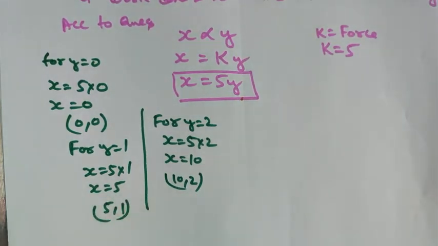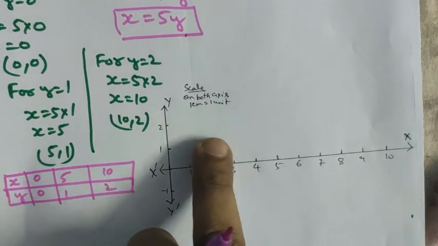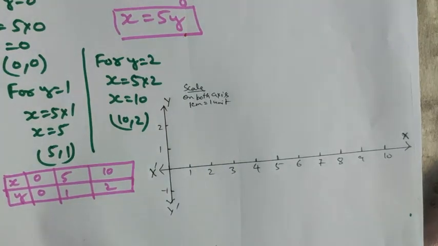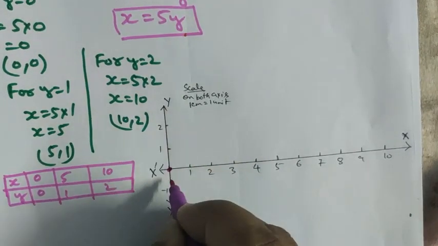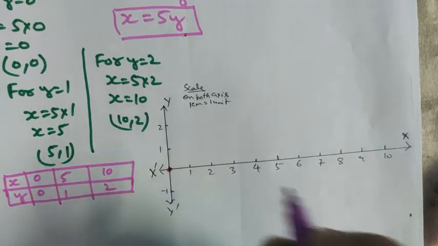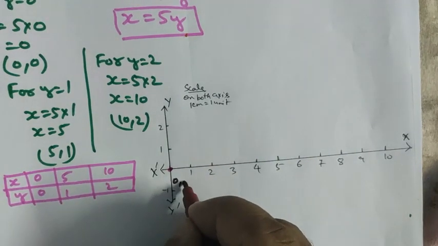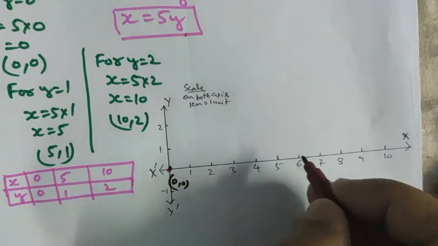Now we will be plotting the graph. We take the scale on both axes, 1 centimeter 1 unit, x dash, y dash. The first point is 0 comma 0, that is on the origin. The second point is 5 comma 1.